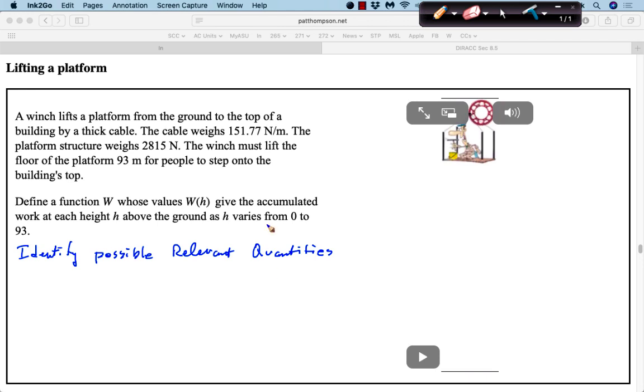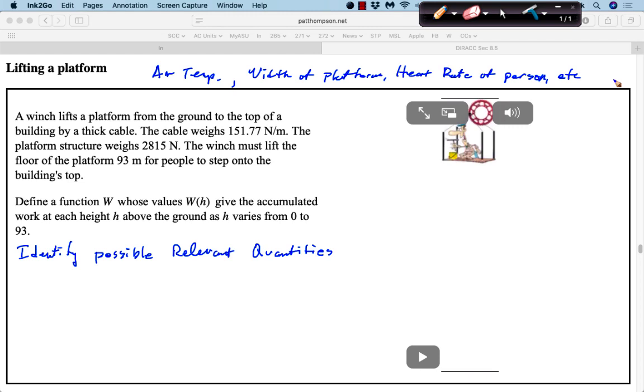By quantities, I mean, for example, the air temperature, the width of the platform, the heart rate of the person on the platform, etc. So that's what I mean by quantities.